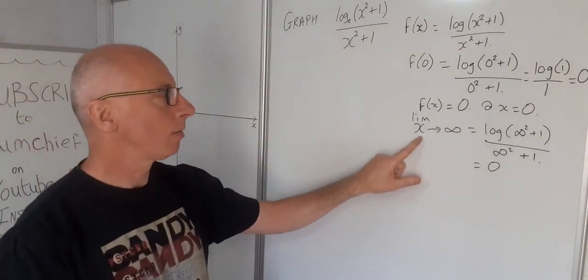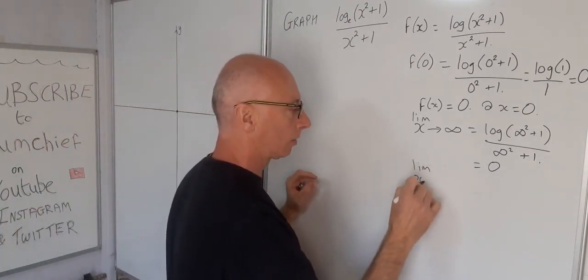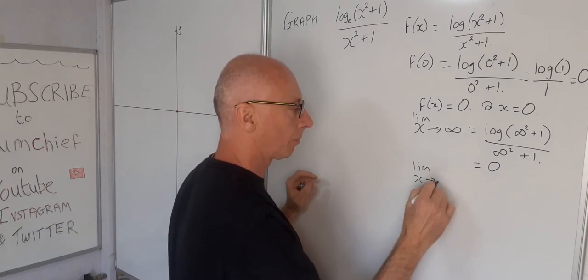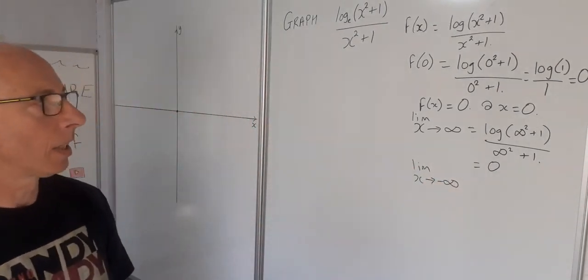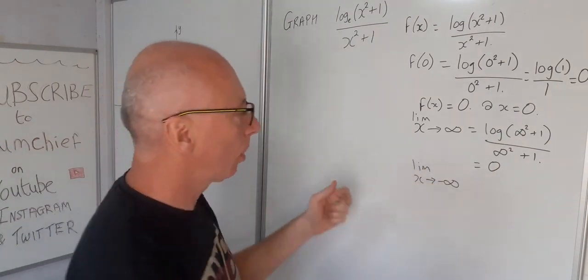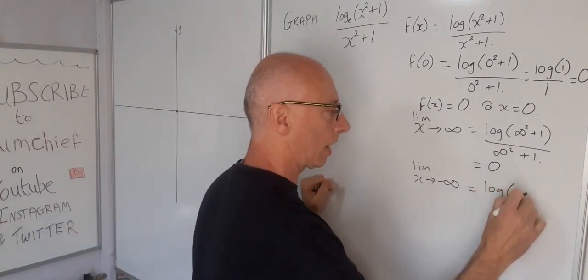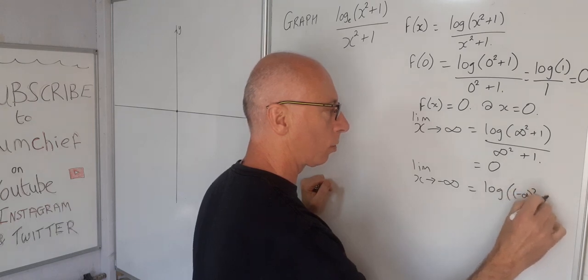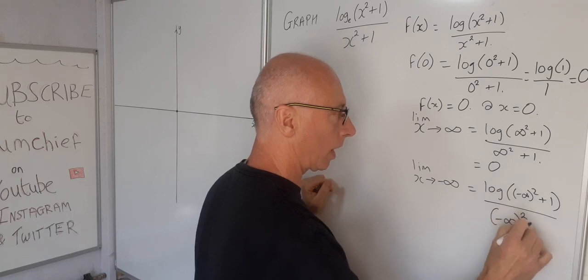Okay, what about as x approaches negative infinity? Right, so, well, negative infinity, let's just plug that in. Log of negative infinity squared plus 1 over negative infinity squared plus 1.